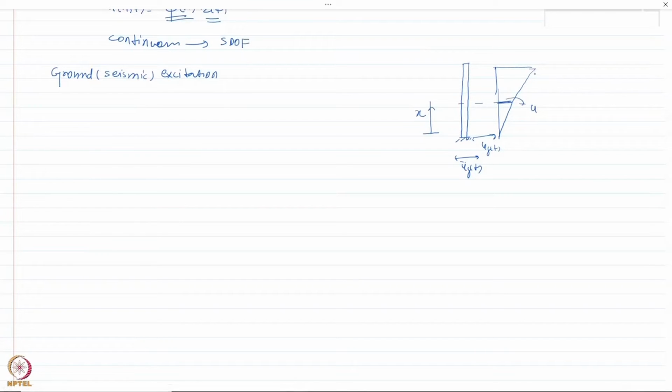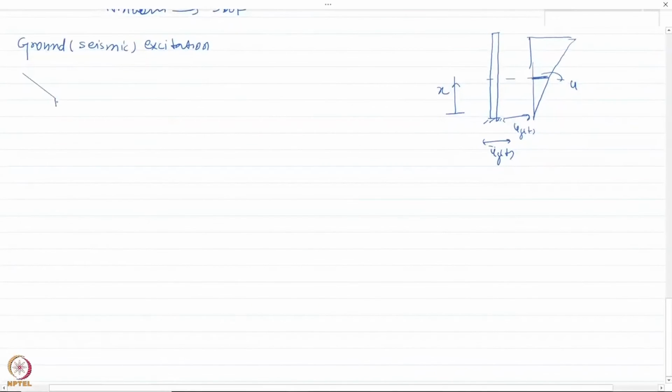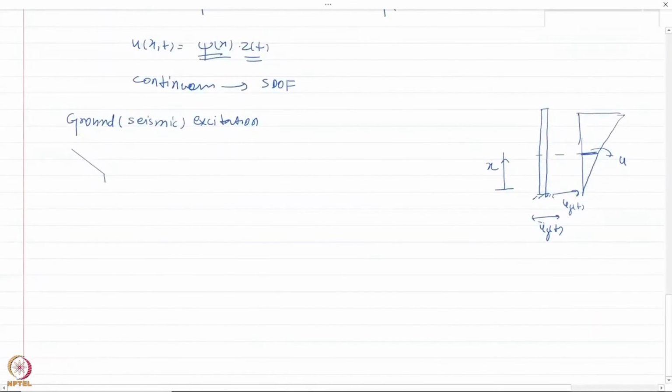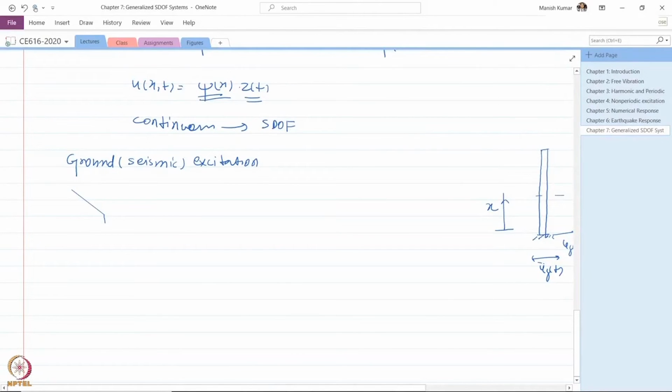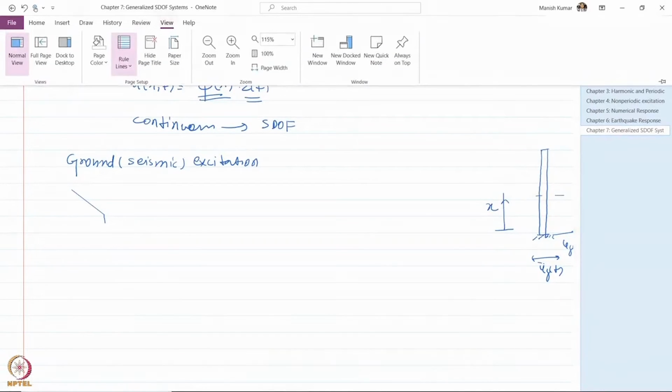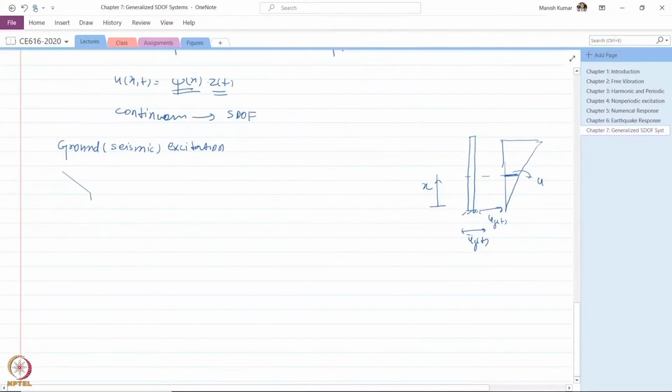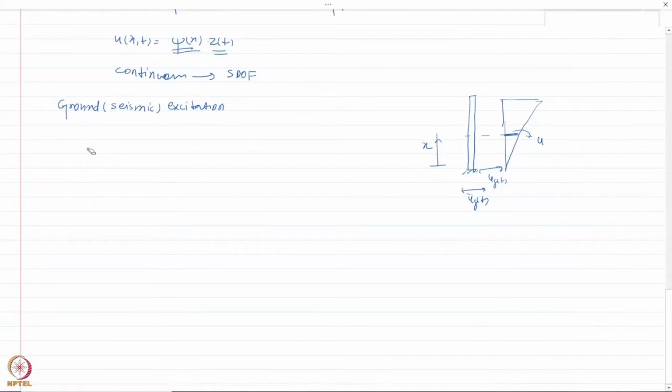Now we need to get the equation of motion.